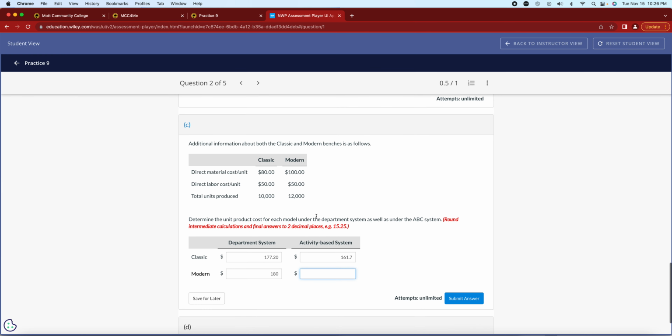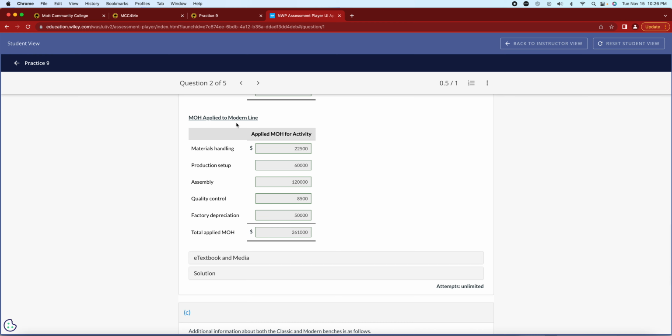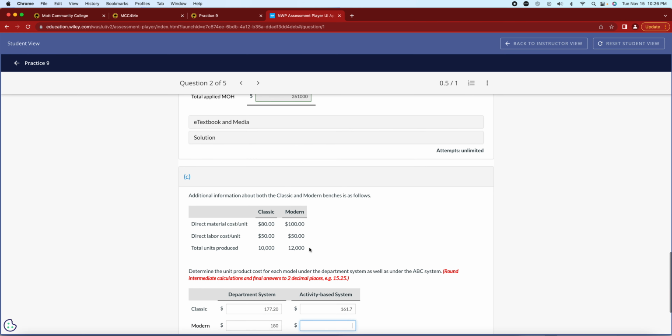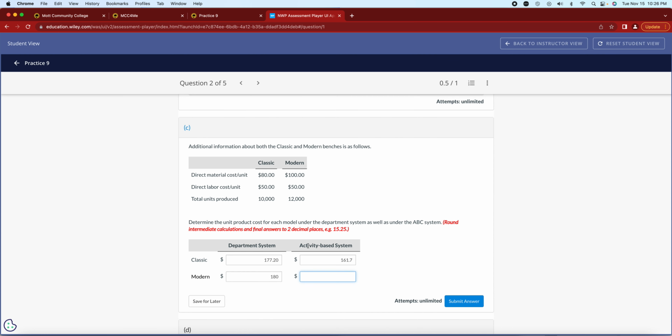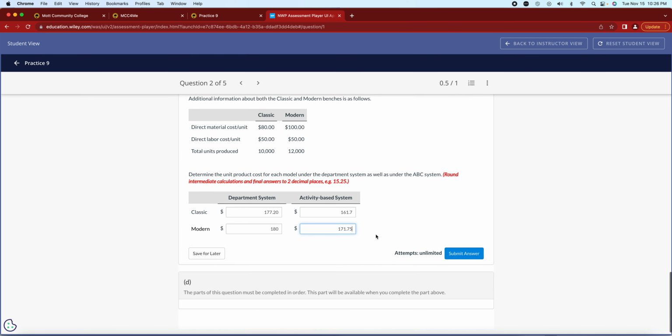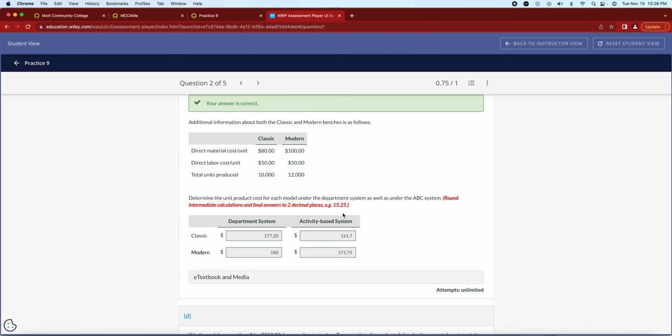And then the total for the modern bench was 261 divided by 12,000. That's $21.75 plus the $150 we already have. And we are looking at $171.75. Make sure we're good. Okay.